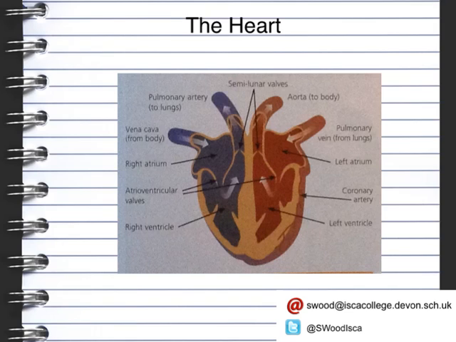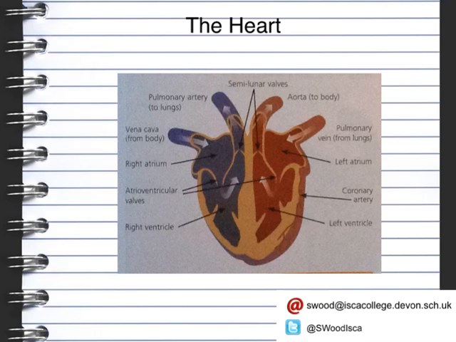Now, what actually happens during the heartbeat? The heart relaxes to allow blood to enter the atria, plural for atrium. The atria then contract to push the blood into here and here at the same time. This causes the atrioventricular valves to open.